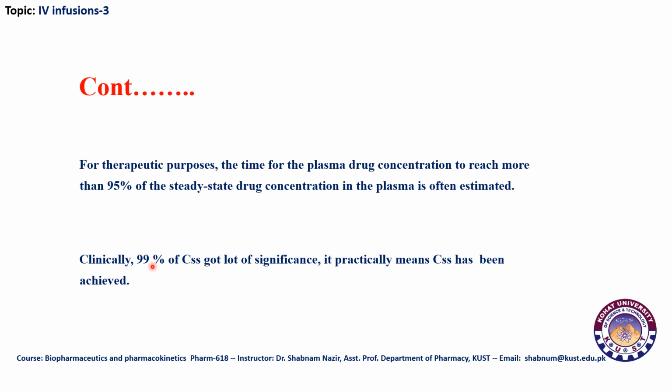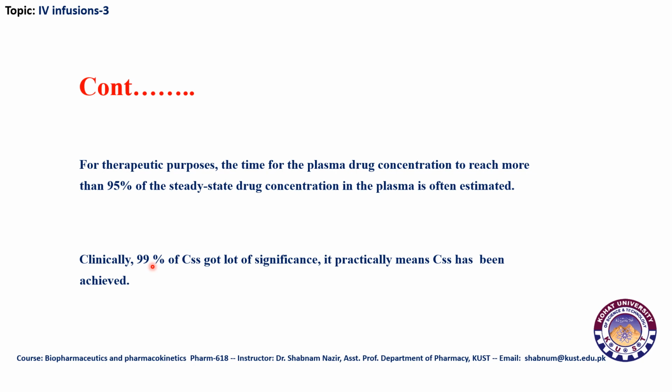And why are the clinicians or the pharmacists interested in this level, or this percentage, and usually calculating it and trying to find out how long it would take to reach this level? Because this level helps them to maintain the desired concentration in a way that it is not changing.